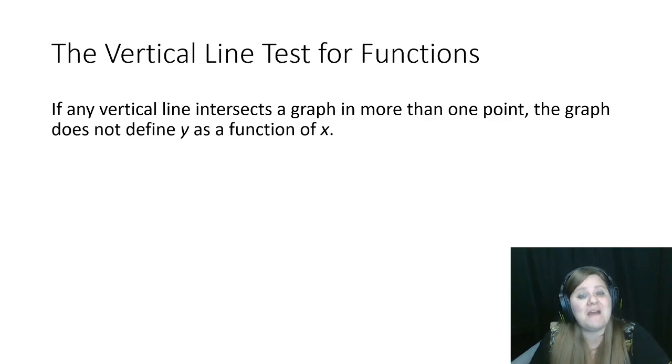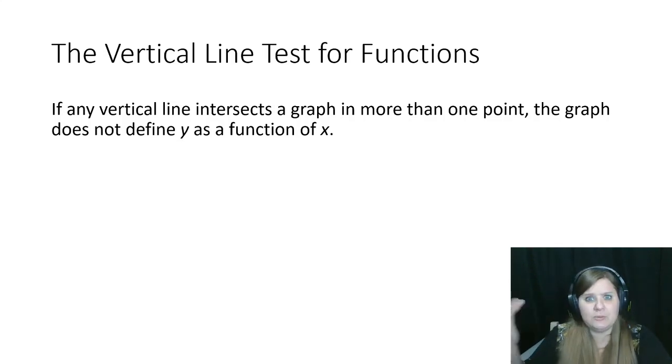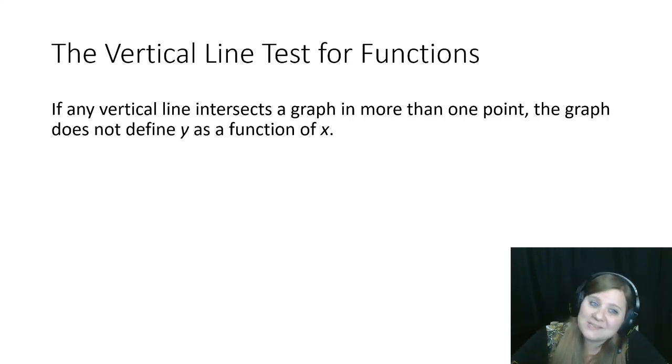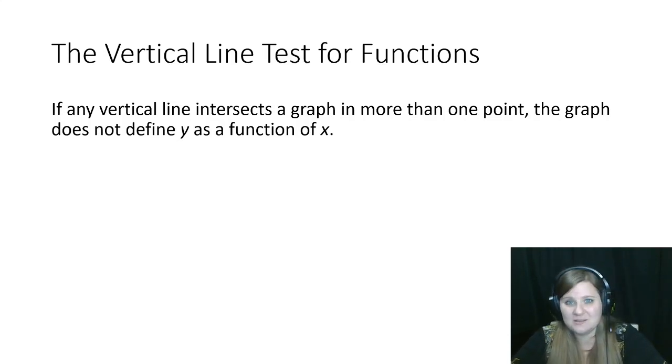But again, looking at the graph, we can kind of skip thinking through it that way and go straight to the vertical line test. So if any vertical line intersects a graph at more than one point, then the graph is not a function of x. But if we can only ever draw vertical lines that go through one point or fewer, then it is a function. Let's take a look at what that means.